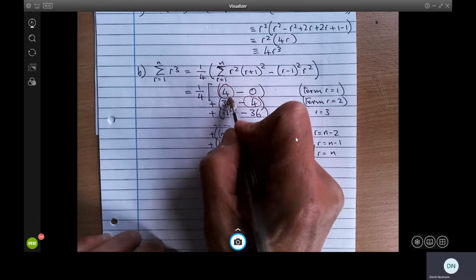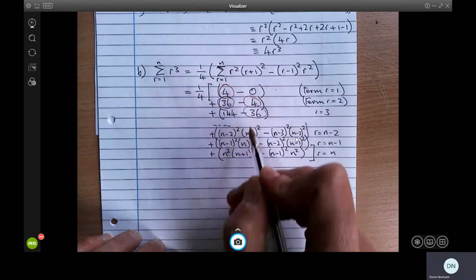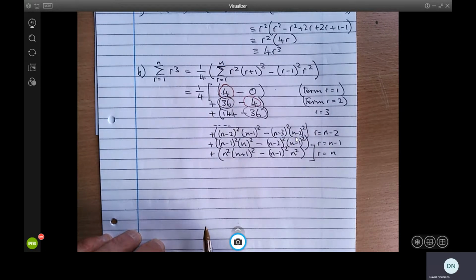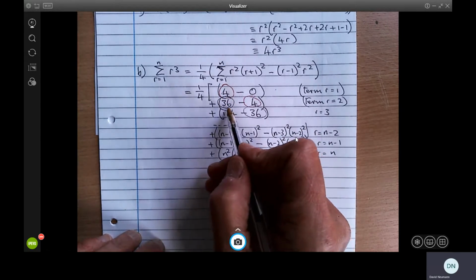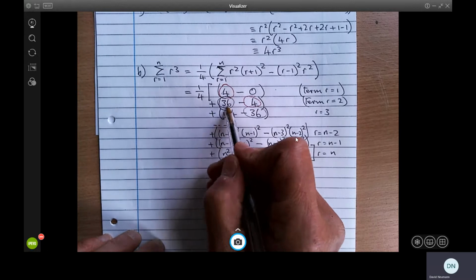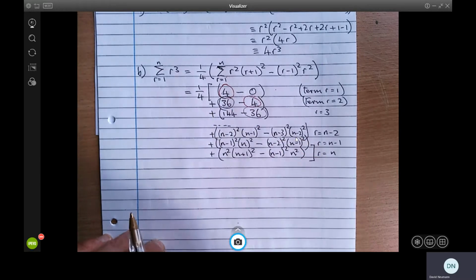This term and this term are also going to cancel. And I hope you can see that this term 144 would cancel with the next one there.